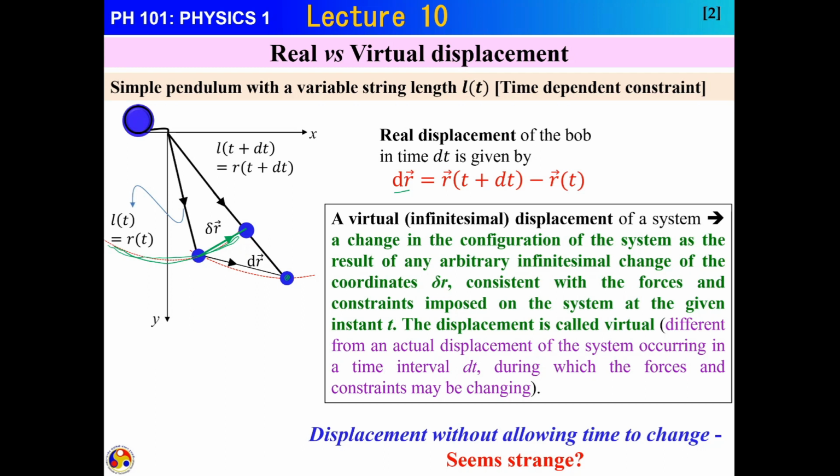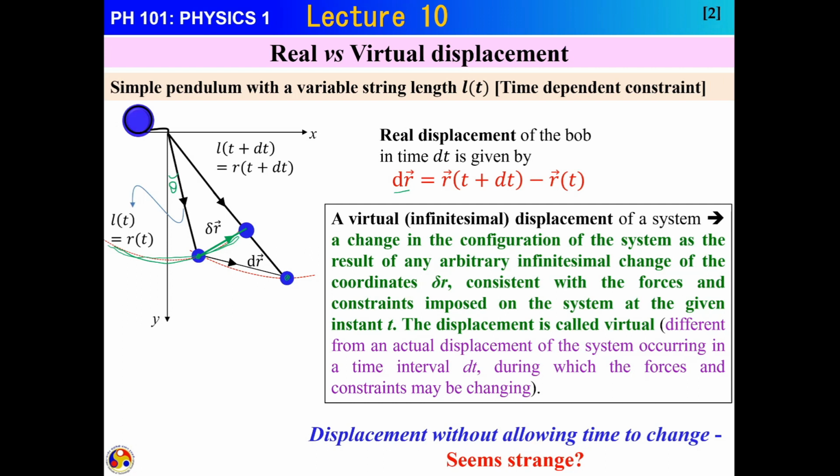So what are things saying that? That means if I consider this is my equilibrium position at an angle theta, for which my length is r of t.